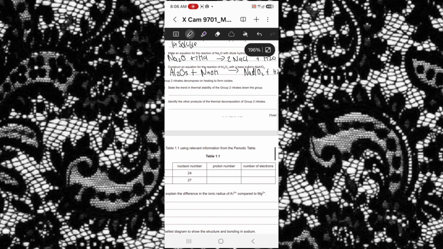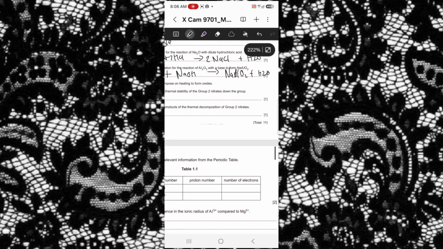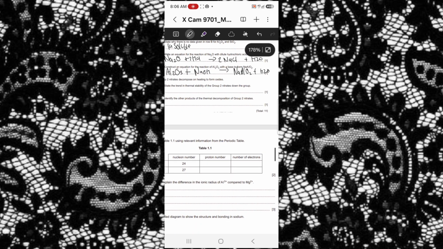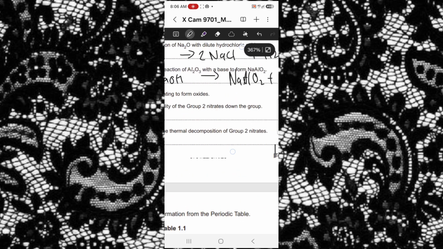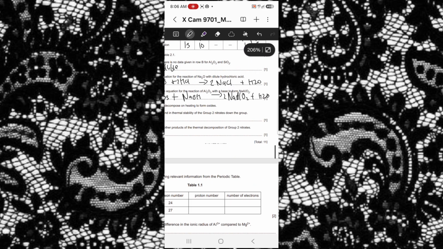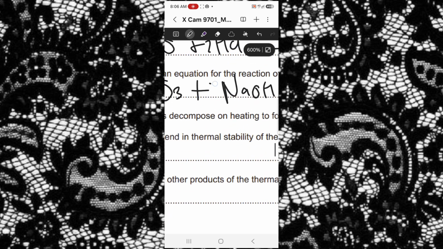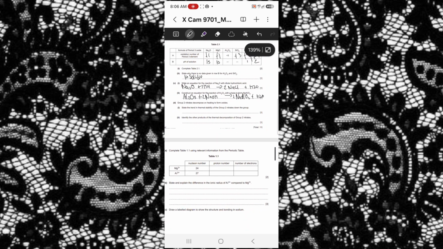So the O in here is 3 already, and then the Al must be 2, so we put 2 in here. So the Na must be 2, so we put the 2 in Na, and then we check again. The H is 2, the O, and it's already balanced.